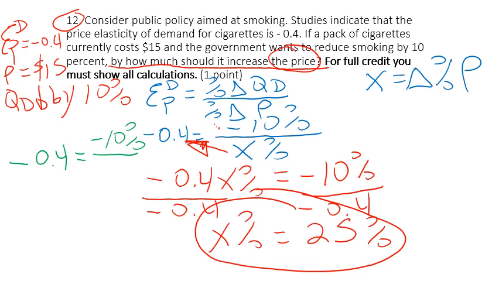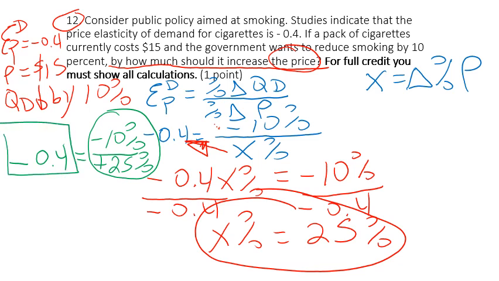And in the denominator, we have the percent change in price as plus 25%. So if we divide negative 10% by positive 25%, we would get the price elasticity of demand for cigarettes of negative 0.4.